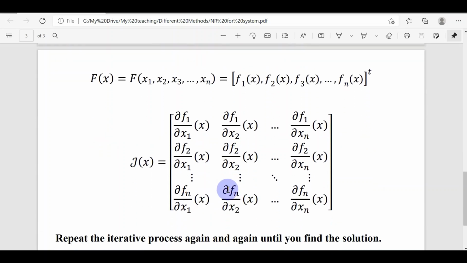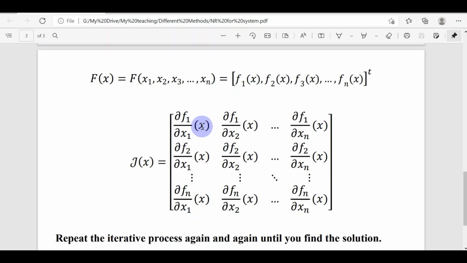So the first row of Jacobian matrix will be like partial f1 by partial x1, and in the first row you will see in the numerator it will be f1 only, and in the denominator all the independent variables. And of course these values are computed at some vector x, solution vector x.